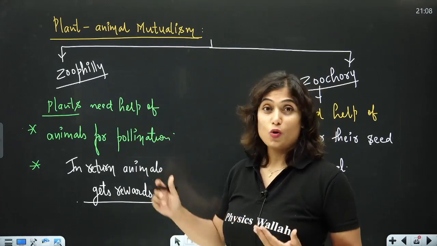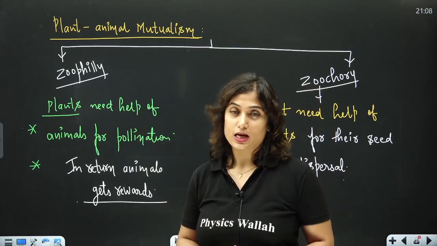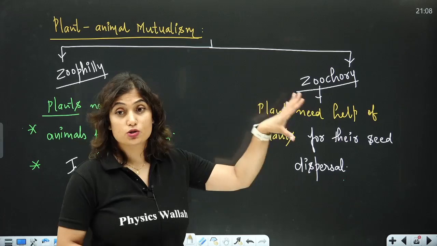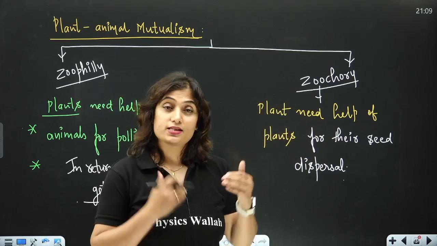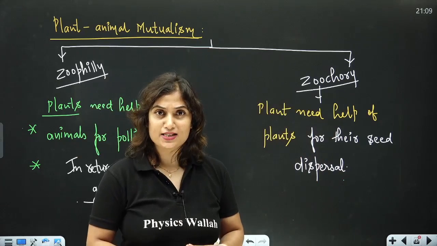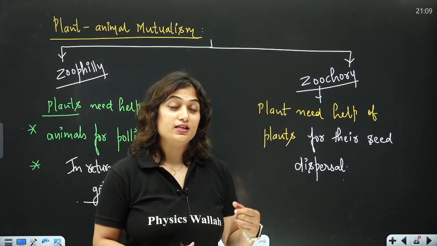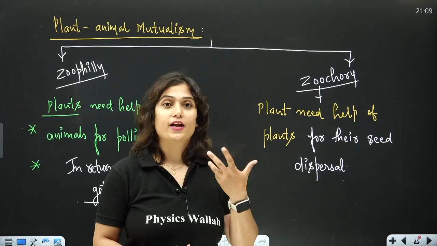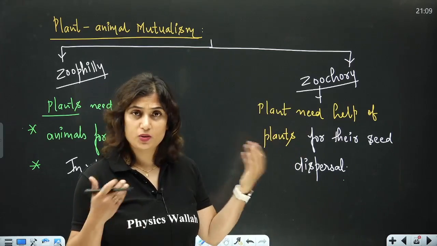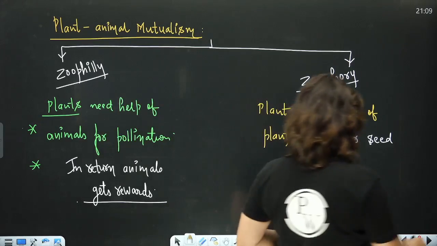Another example is zoochory. The seeds of the plants are dispersed with the help of animals, and in turn the animals eat some of the seeds to get nutrition. So this is how the mutualistic association works.